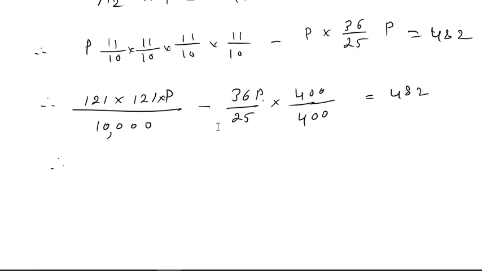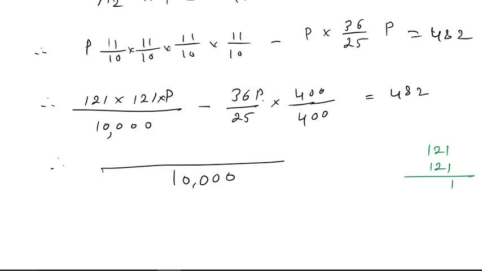Now as the denominator is the same, I will write that denominator once, that is 10,000, and the numerator 121 into 121. So again do a rough calculation, 121, 121. So 1 1 is 1, 1 2 is 2, 1 1 is 1, 2 1 is 2, 2 2 is 4, 2 1 is 2, then again 121. So this is 1, 2 plus 2 is 4, 4 plus 2 is 6, 2 plus 2 is 4, 1.